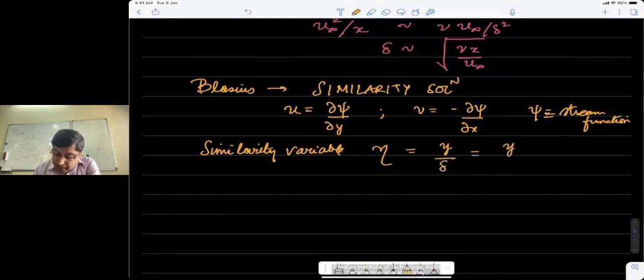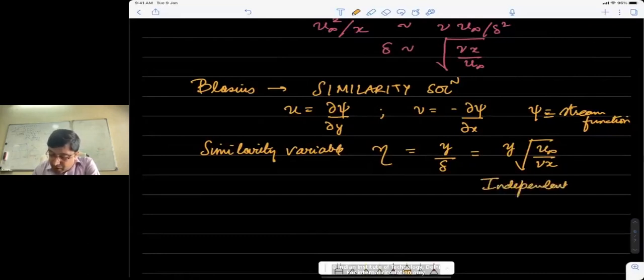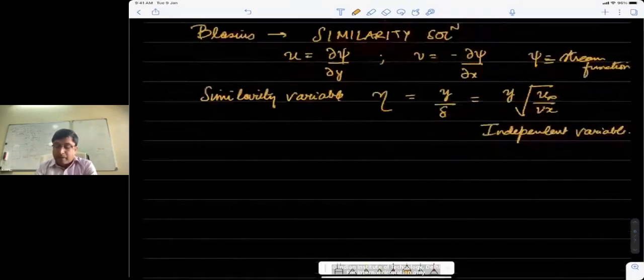So it becomes y by square root of nu x by u infinity. So Blasius defined this as a similarity variable, which he said will be the independent variable for the solution. So instead of y and x being independent variables, eta became an independent variable.